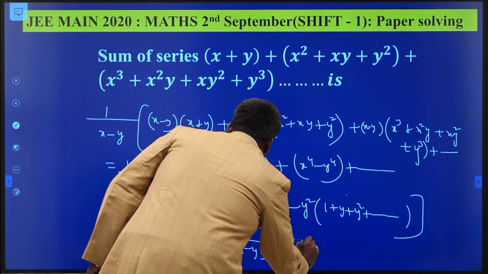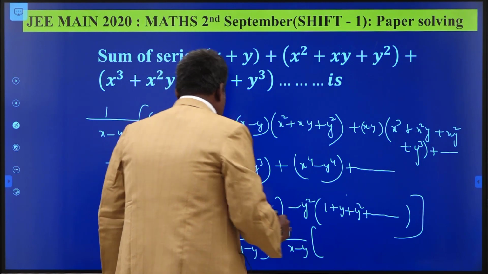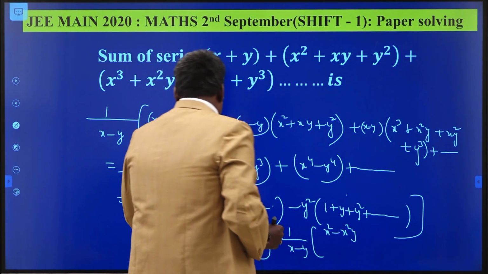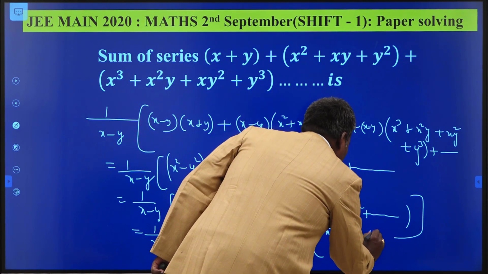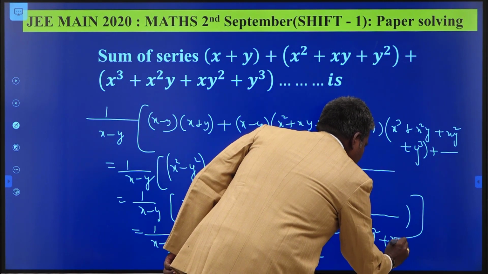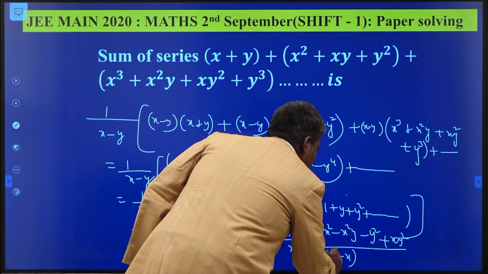This is nothing but 1 by x minus y times of x square minus x square y, next minus y square, minus into xy square, whole divided by 1 minus x into 1 minus y.